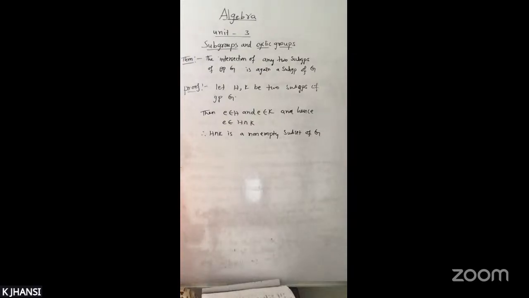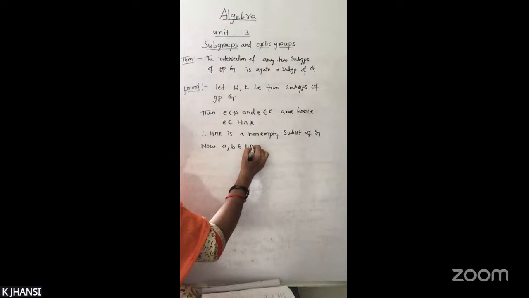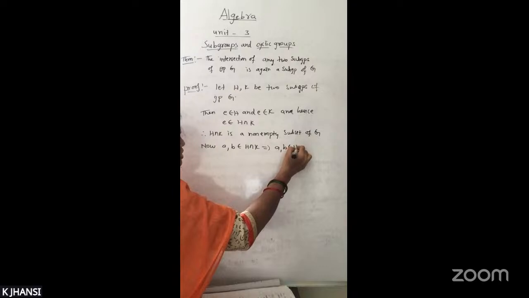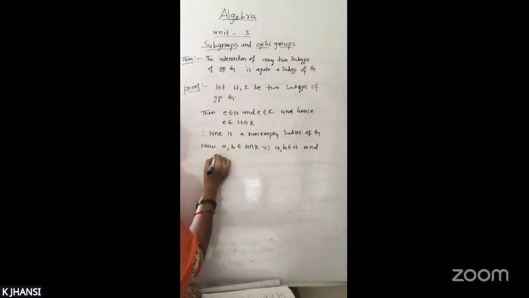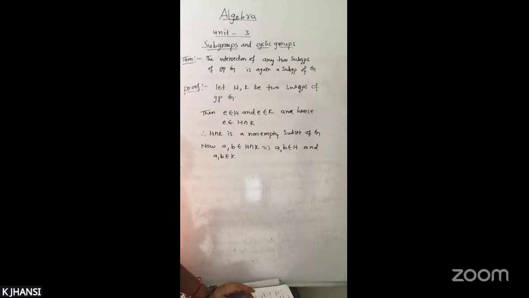Now a, b belongs to H intersection K implies a, b belongs to H and a, b belongs to K. Whenever two elements are present in the intersection, automatically those elements are present in H and also in K. Intersection means the common elements in both sets.